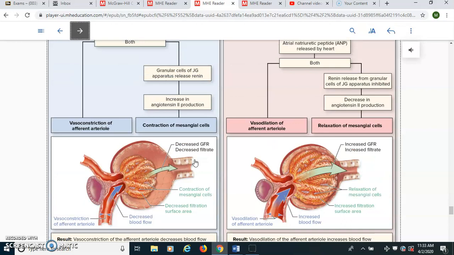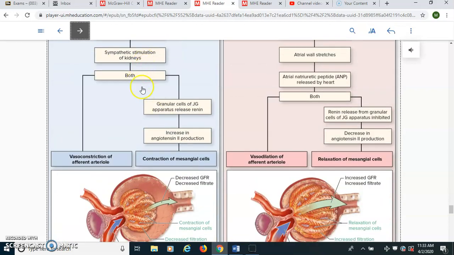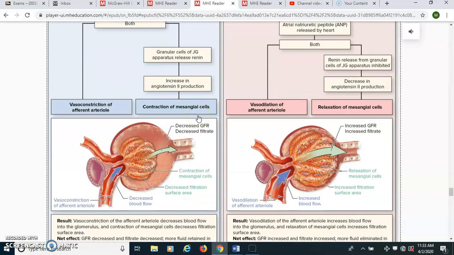Now the other role the sympathetic nervous system has involves the granular cells. One of their functions, which we talked about a couple of videos ago, is that they release renin, which is an enzyme. The sympathetic system will tell them to release renin.